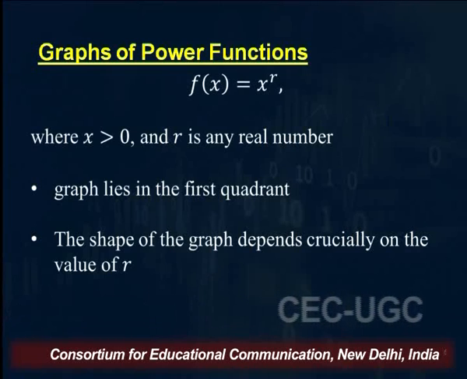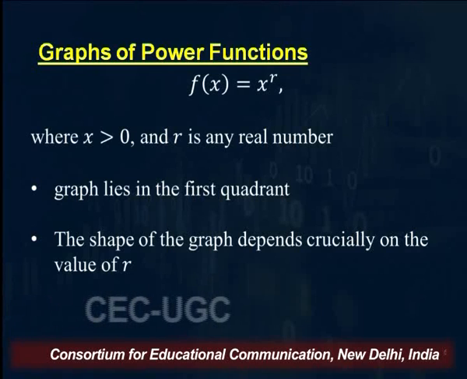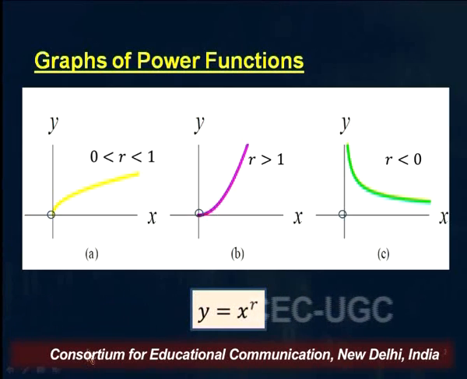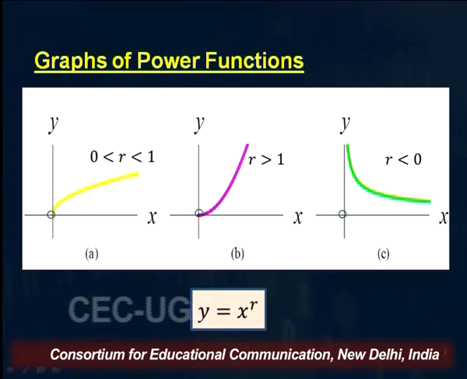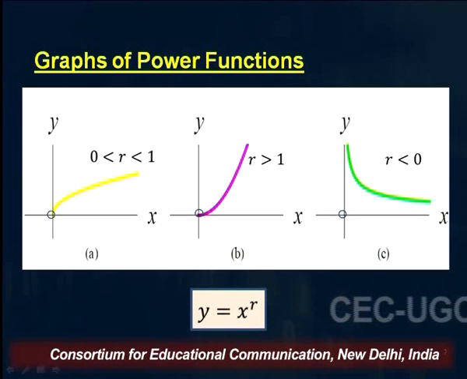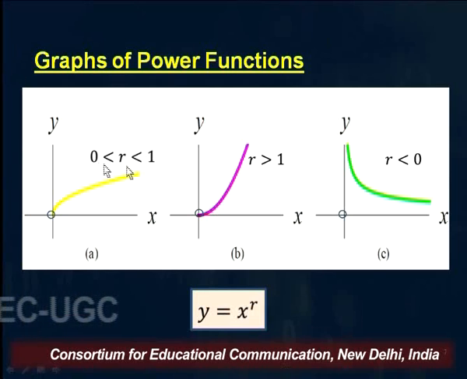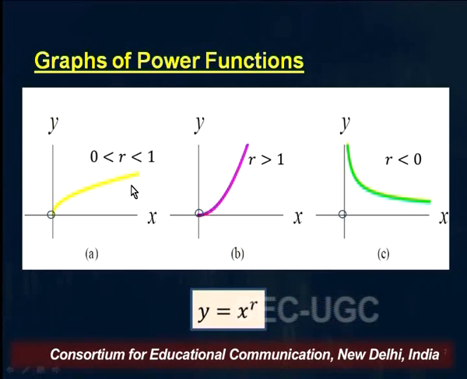And the shape of the graph will depend crucially on the value of the exponent r. So to get a sense of things, let's take different possibilities. Here for this equation, y equal to x to the power r, I've drawn the graphs for different possible intervals within which r can lie. So let's suppose r lies between 0 and 1, then this is the kind of graph you will get, like the one in yellow here.